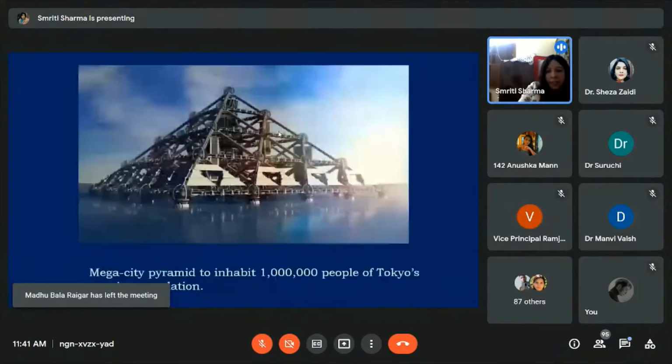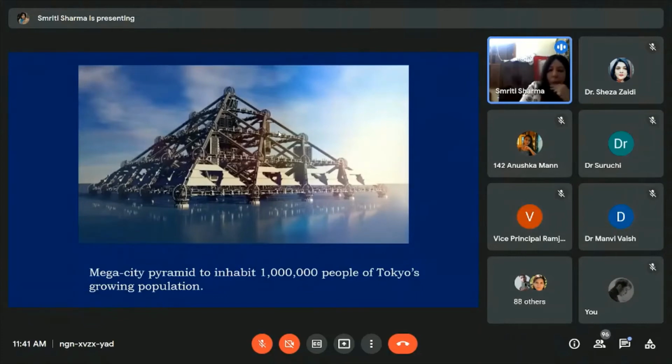For example, in 2003, I think, in Tokyo, this mega city pyramid was proposed. Tokyo is a highly overpopulated city. So they said that we will make this, and 10,000 people could live in this mega city pyramid, houses and all.